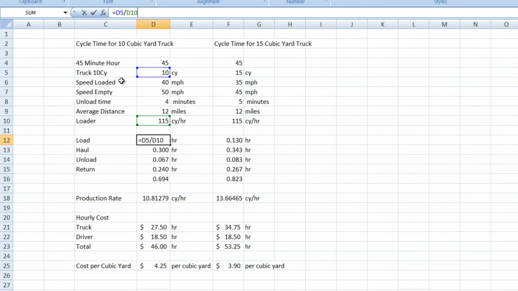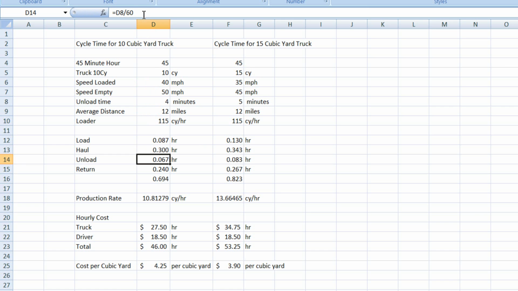So when we were figuring the loading time, 10 cubic yards, the loader's 115 cubic yards per hour, so 10 cubic yards divided by 115 cubic yards per hour. The cubic yards cancel out. It gives us 0.087 hours. To haul, we're driving 12 miles at 40 miles per hour, so that's taking us 3/10 of an hour.